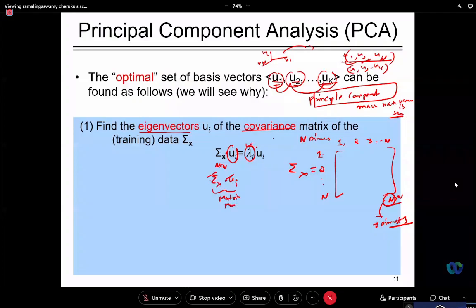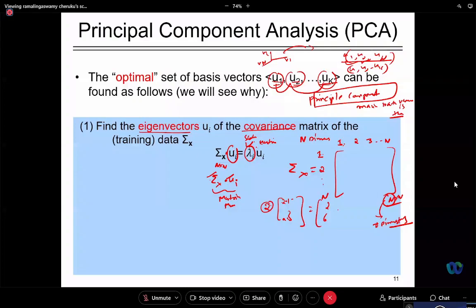So how is the scalar multiplied with the matrix? 2 into (1, 3) means each and every value is multiplied with the same quantity. So 2 into 1 and 2 into 3, this is nothing but (2, 6). So the scalar is multiplied with each and every value in this vector or matrix. That's scalar to matrix multiplication.